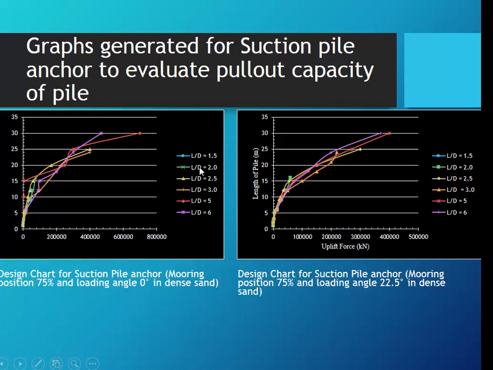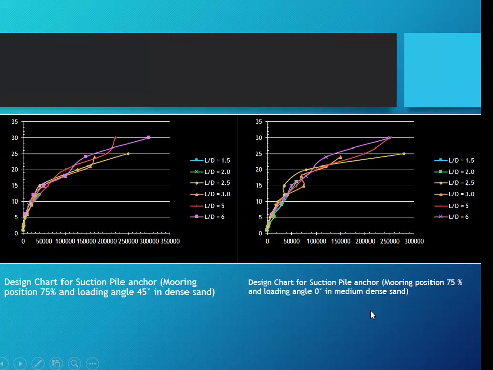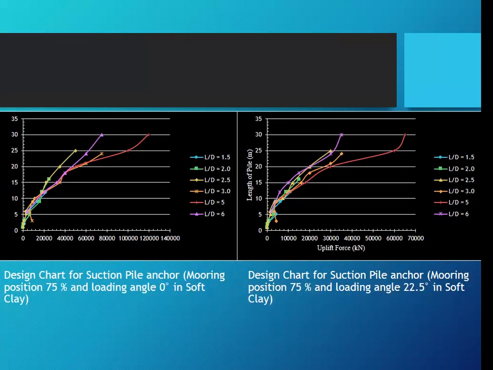So from this study I have designed the charts for a particular type of soil bed and particular L by D ratios. So these are the design charts. These 3 charts are for the dense sand, the next 3 charts are for the medium dense sand, and the next 3 again are for the soft clay.